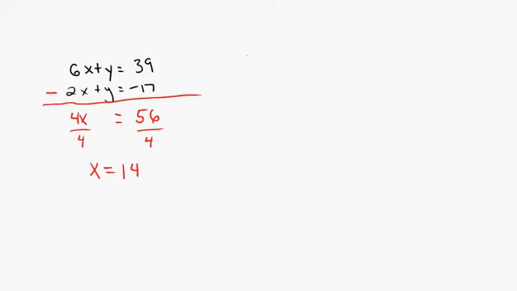All right, so I'm going to do 6 times 14 plus y equals 39. Well, 6 times 14, I know 6 times 10 is 60, and 6 times 4 is 24, so that's just going to be 84. 6 times 14 is 84, plus y equals 39.